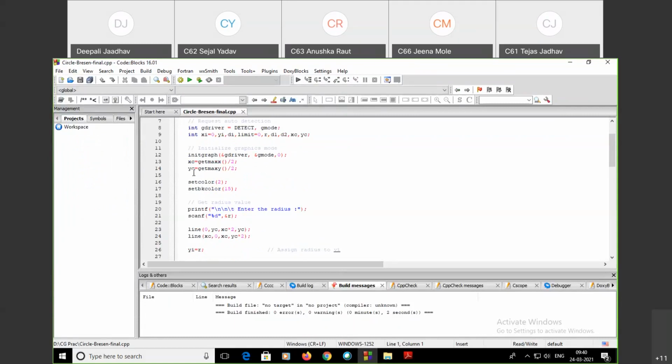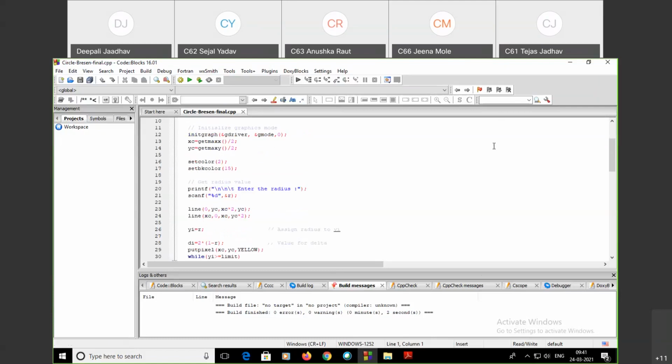Two lines: xc is equal to get max x by 2, yc is equal to get max y by 2. xc means the center of the x coordinate, yc is the center of the y coordinate. How do we calculate it? Get max x by 2 and get max y by 2. Why do we use this? To draw a line horizontally and vertically so that we can show the result in the first quadrant only.